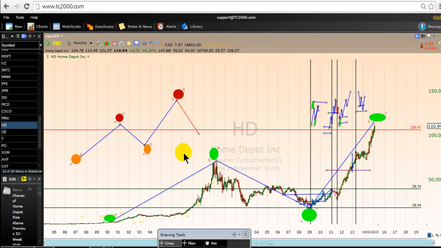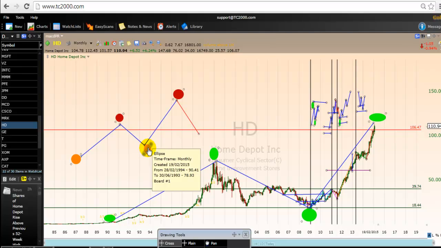So you will see sometimes that the first wave and the third wave are almost equal, or that the first wave is extended, followed by the second wave, and then the third wave, where it's extended, maybe goes a little bit higher than the first wave, a little bit longer than the first wave, but suddenly we see that the price changes direction. Sometimes the first wave will be equal to the third wave.